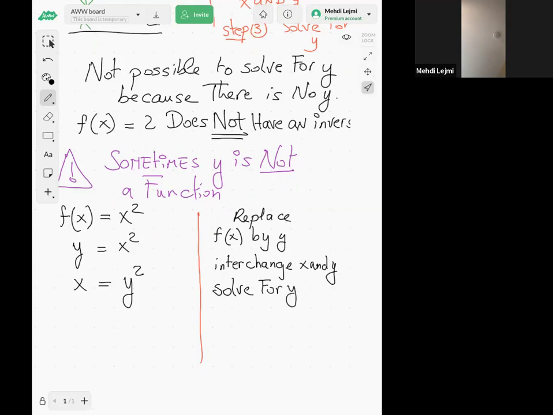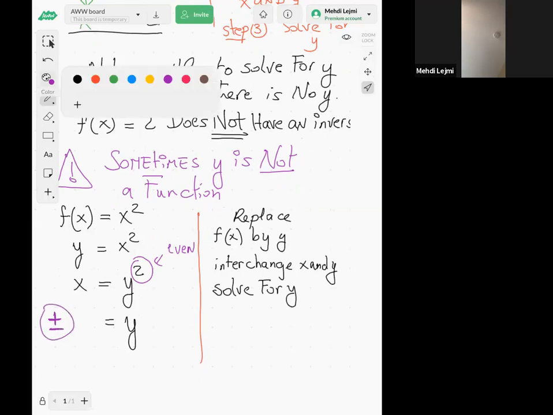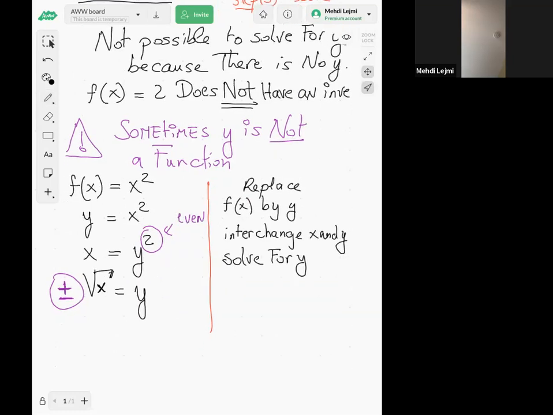So then for y, you apply a square root. But be careful because this is an even power, so you're going to have plus or minus square root of x. But remember, y equal to plus or minus square root of x is not a function.